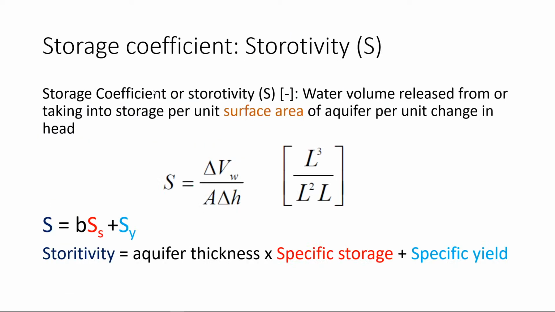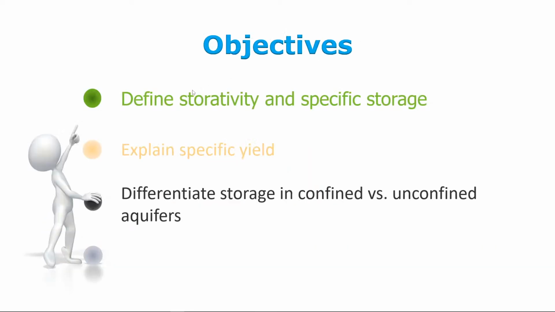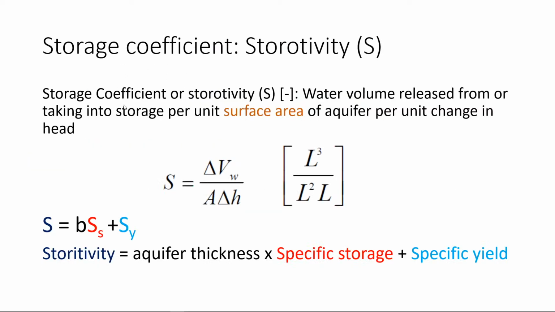So let's look here at what we have. Storage coefficient or storativity. Let me just read this from the slide. Storage coefficient or storativity, what is its dimension? It is dimensionless. It is the water volume.